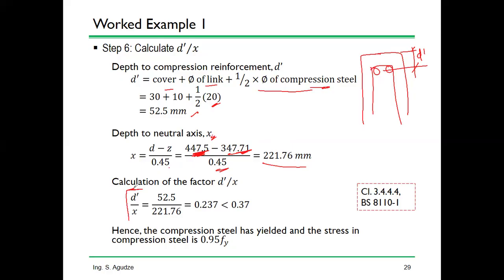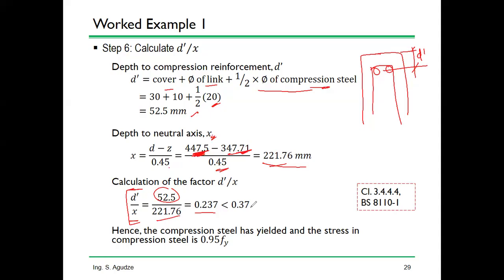So after I've got these two calculations, I now substitute into the D prime over X. So the D prime is this one, and the X calculated here. So as you can see, our answer is 0.237. And this is less than the 0.37 limit that was given.